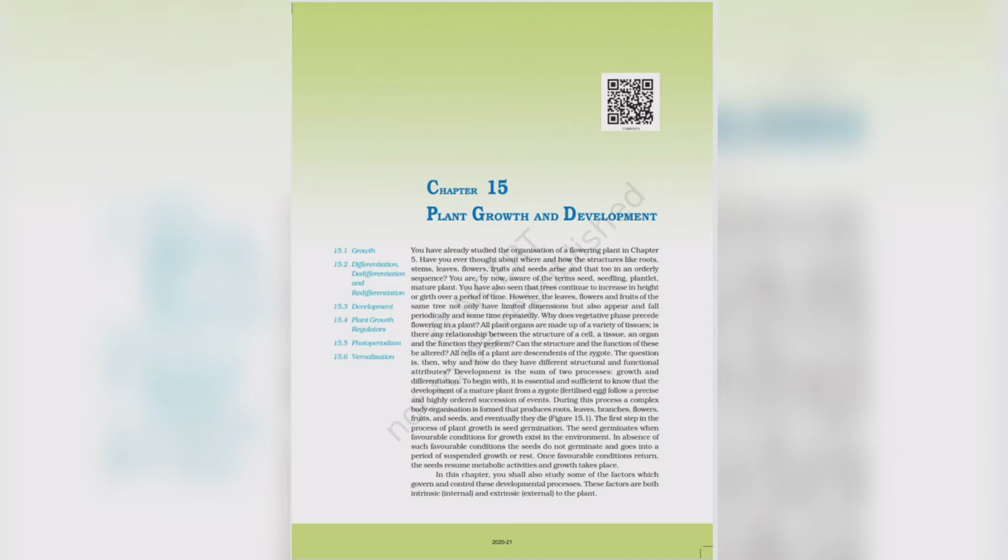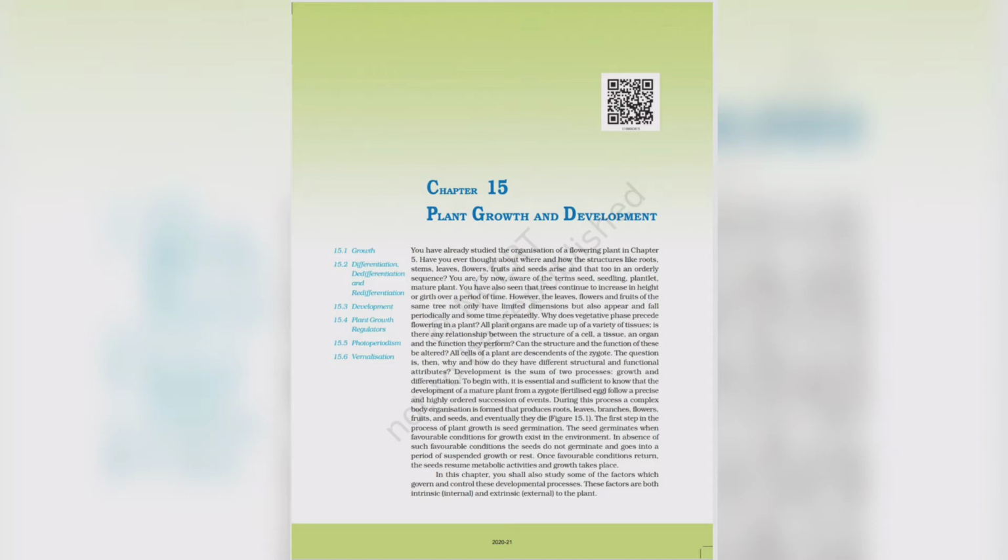The form of growth wherein new cells are always being added to the plant body by the activity of the meristem is called the open form of growth. What will happen if the meristem ceases to divide? Does it ever happen? In chapter 6, you have studied about the root apical meristem and shoot apical meristem.